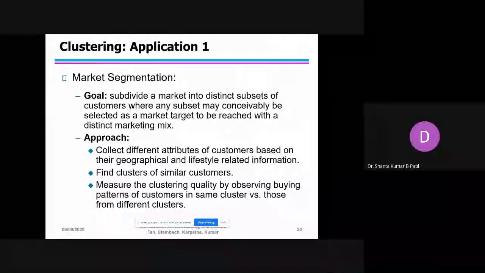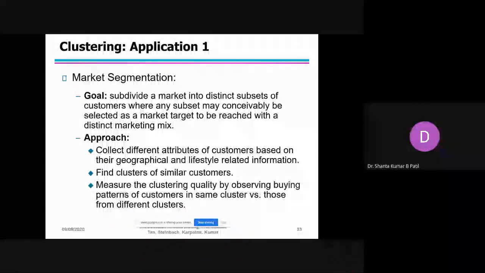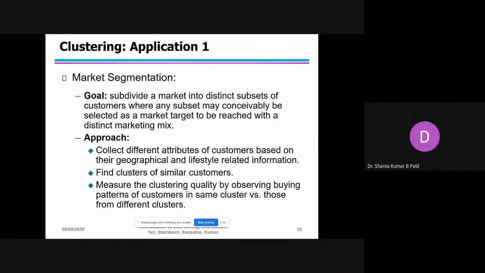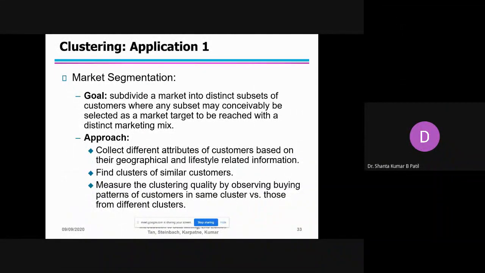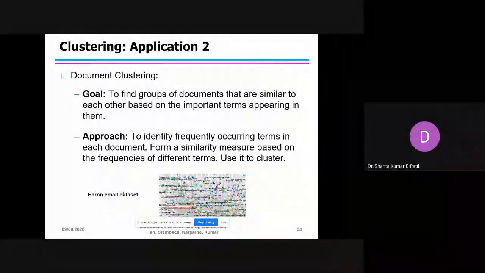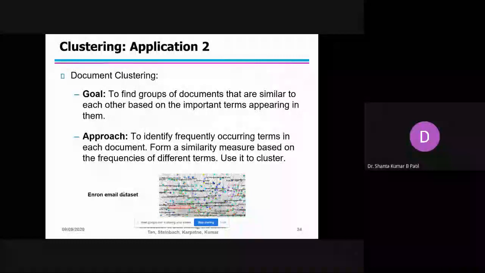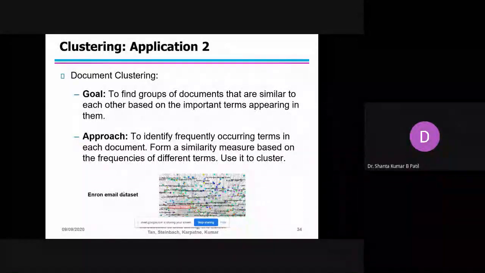Market segmentation: subdivide the market into distinct subsets of customers, where any subset may conceivably be selected as a market target to be reached with a distinct marketing mix. Even in clustering applications for documents, if the same word is repeating, it is very difficult to recognize in the text.